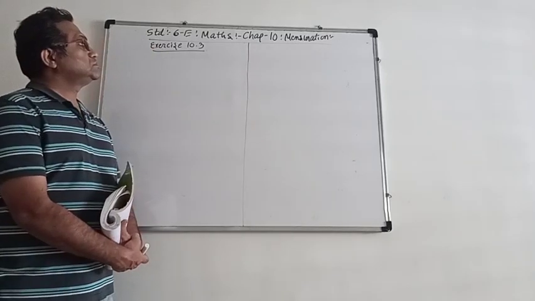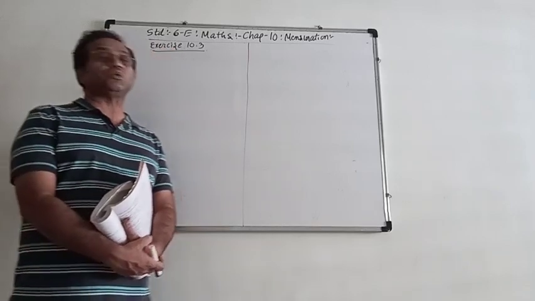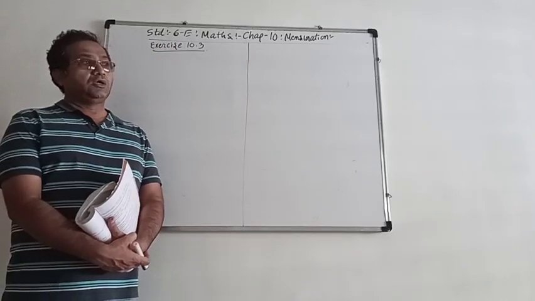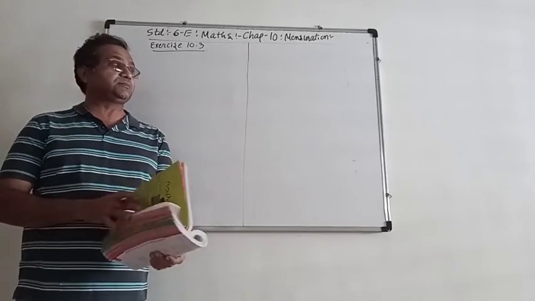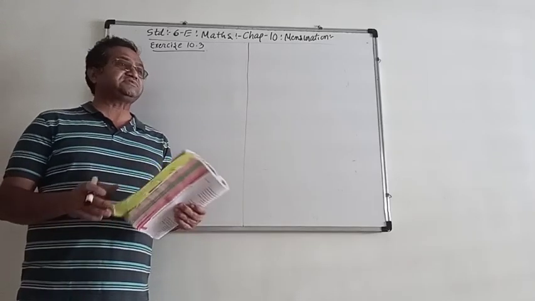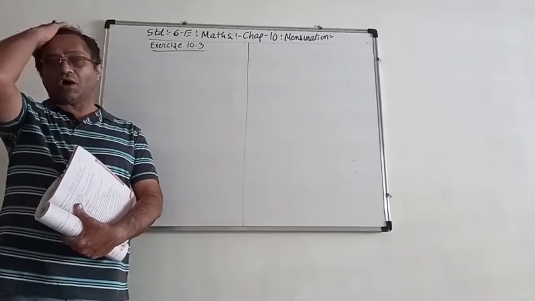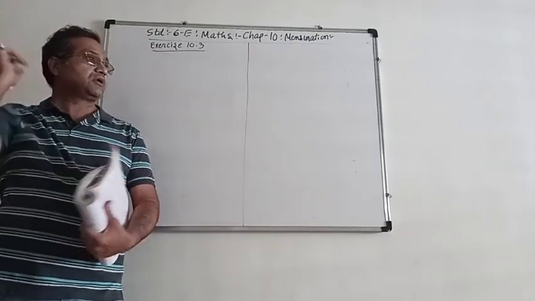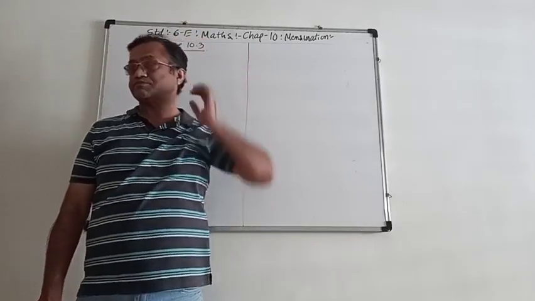Today, as you know, chapter 10, mensuration is going on. So today we are going to start exercise 10.3. In the last session, we obtained the formulas of area for a rectangle and area of a square.